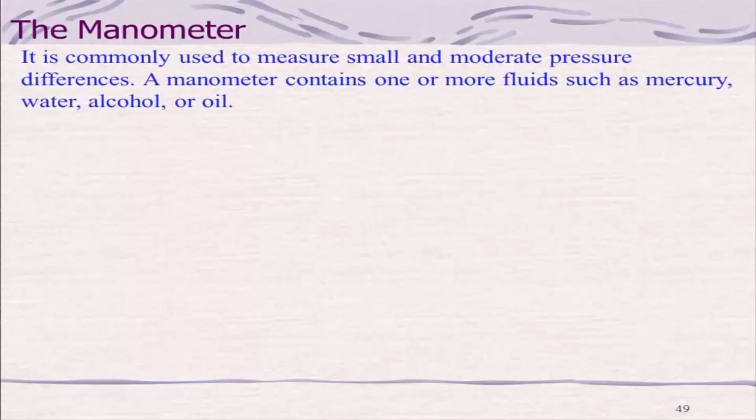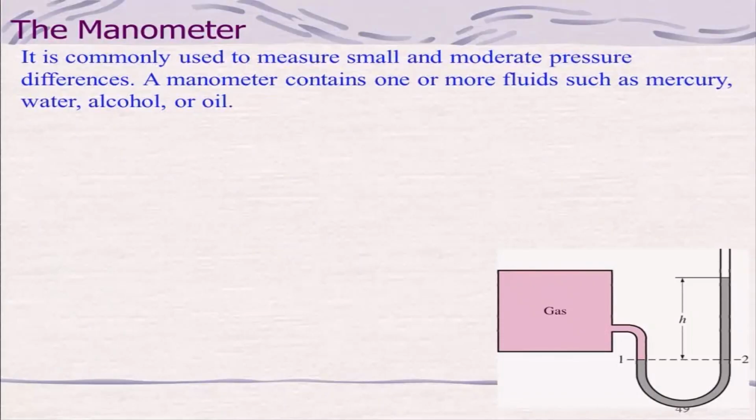Mercury is having higher density than the water, and alcohol will be lower density. So also oil as compared to water, right. So if you consider, 1 atmospheric pressure will be equal to how much of water head? Any idea? If you just calculate, it will be something around 10.3 meters of water head, right.